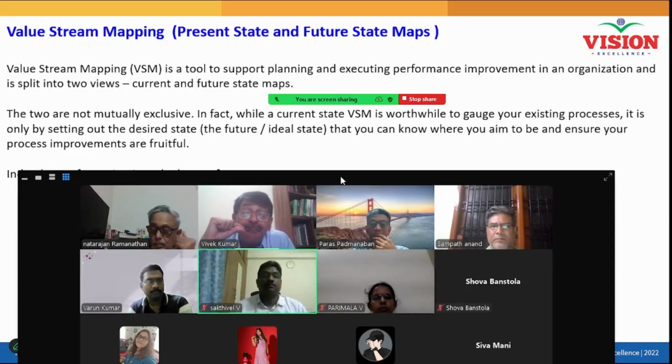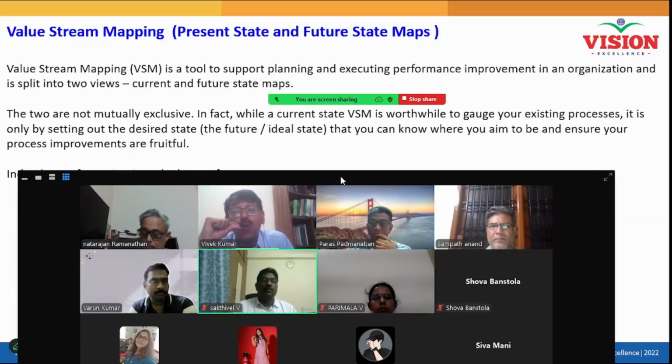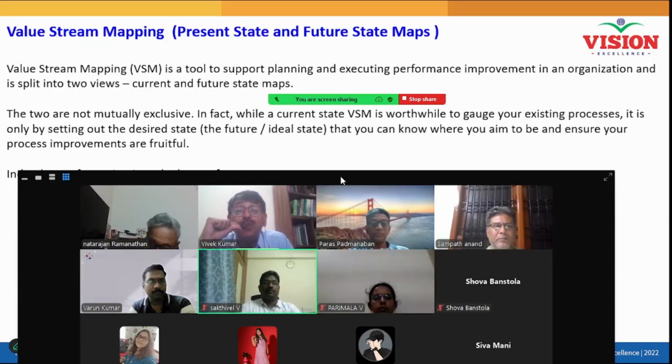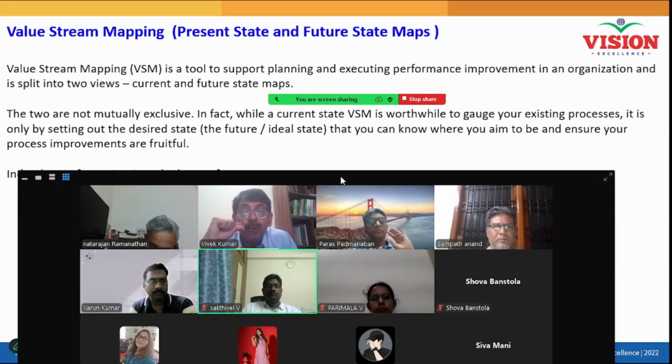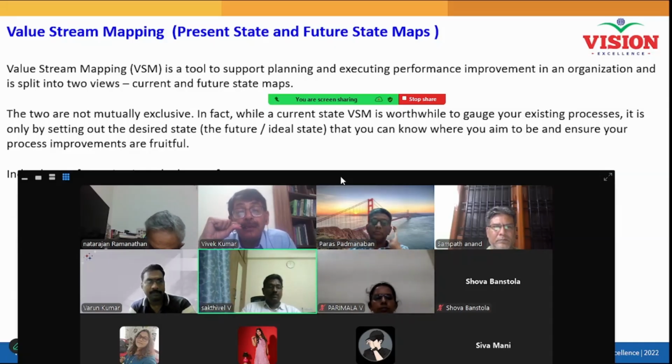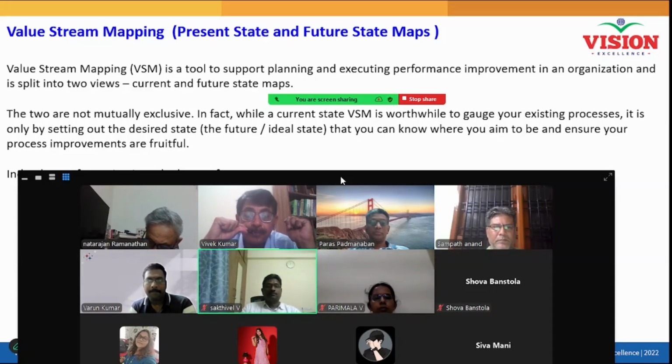The actual benefits we can gain from this tool come when we are able to draw a future state value stream map. What can be certain characteristics of the future state value stream map? It must be balanced, yes or no? And just as Natarajan ji mentioned, it must take care of elimination of waste.